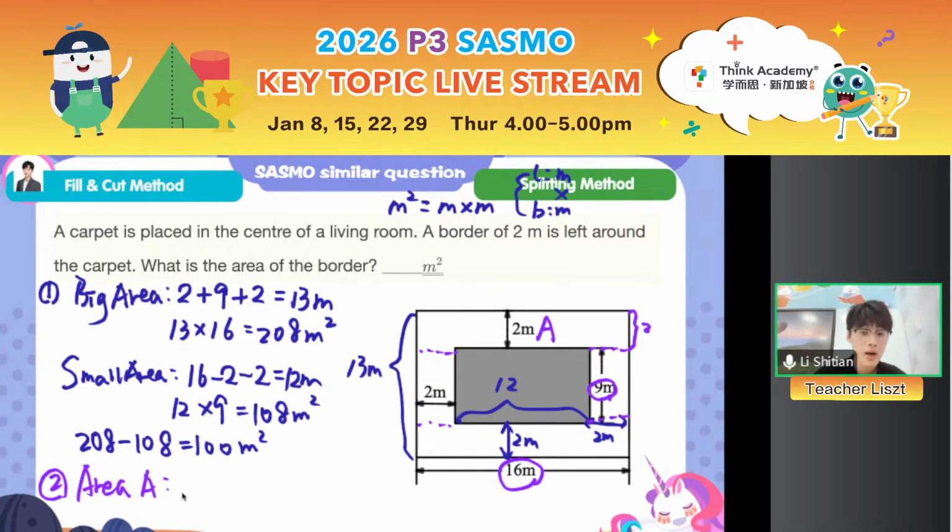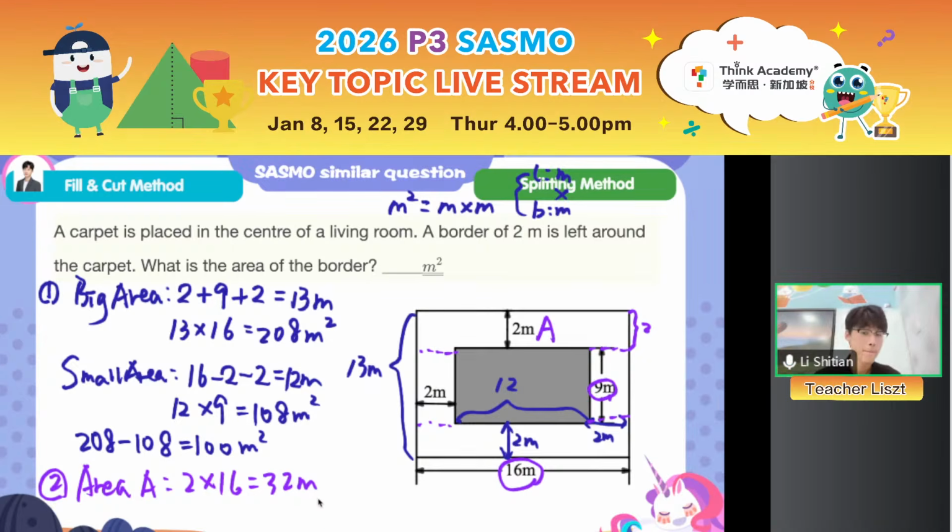Of course, right? We only need to use the breadth times the length, then we find out the area. So we only need to use 2 times 16. So what is the answer for 2 times 16? 1,000, 1 million, 10 million? No, right? 32.